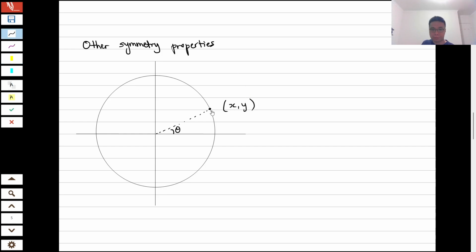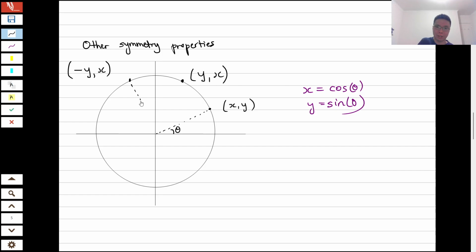Before, we had y comma x for pi on 2 minus theta. We can reflect about the x-axis to give negative y, x. So again, here x was cos theta and y was sine theta.